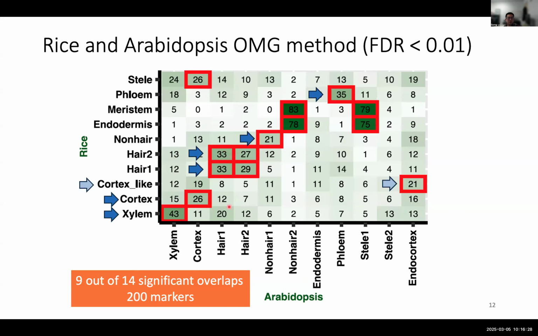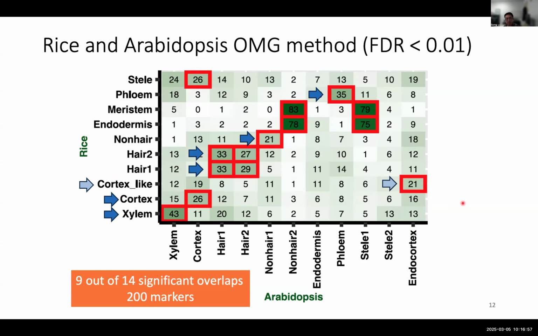You have hair matching with hair, cortex with cortex, xylem with xylem. Instead, there are many other overlaps of markers, but only the ones that are exactly ortholog tissues or cell types are significant. And there's one case where cortex-like is annotated in rice, which is annotated endocortex in Arabidopsis. So we count that as another good match between 2 species.